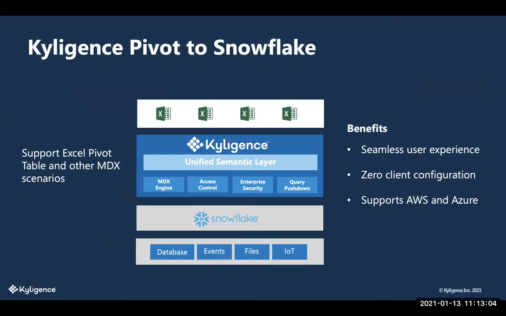You just use Excel as you use it, use pivot tables as you use them, and the solution is on AWS and Azure. And Snowflake is not changed either. It's just support for pivot tables and Snowflake, using the MDX protocol, which is the Microsoft protocol to do pivot tables, among other things.